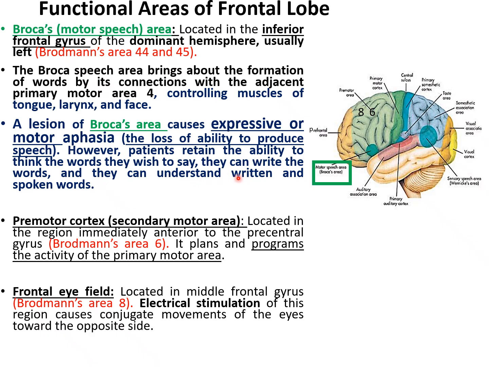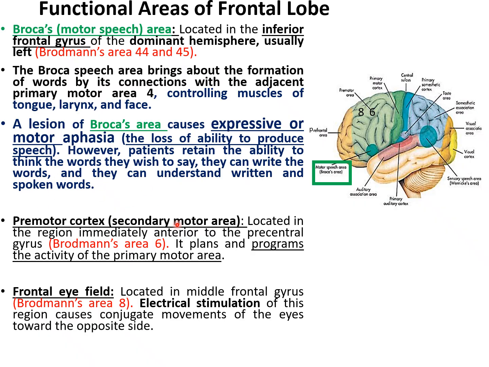But he or she can understand the meaning of words, whether written or spoken. The difficulty is in producing or articulating speech, which is why it's called motor or expressive aphasia.